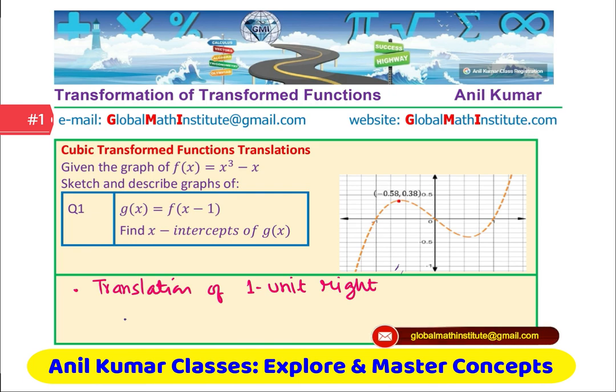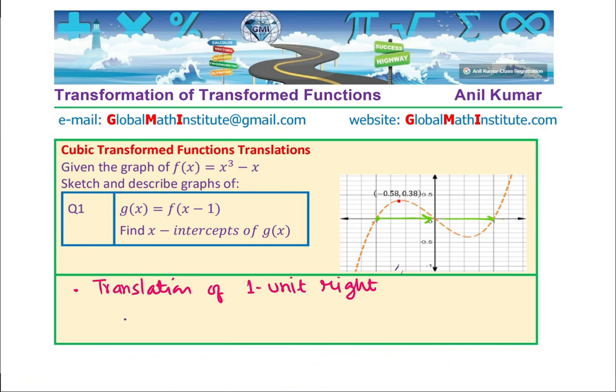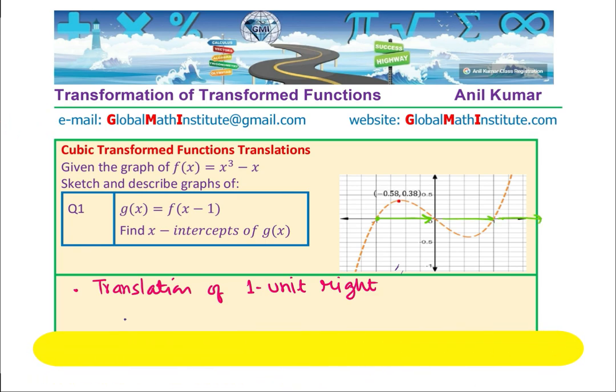When it does so, what will happen to the points? Clearly, the x-intercepts are going to move like this. So the new x-intercepts will be at 0, 1, and 2.